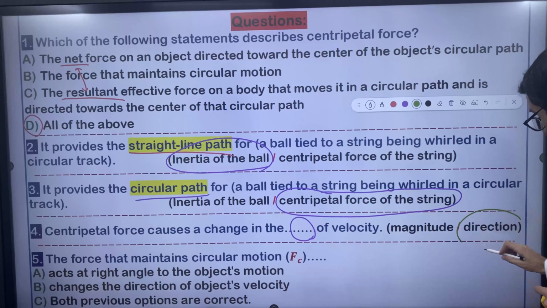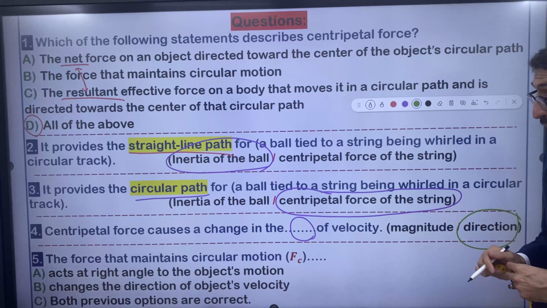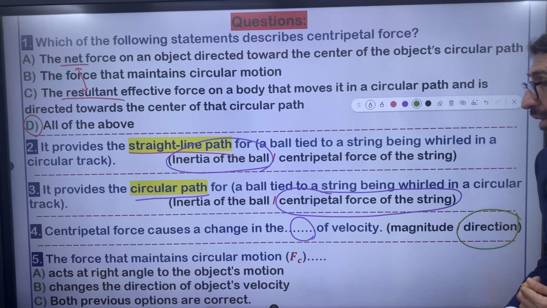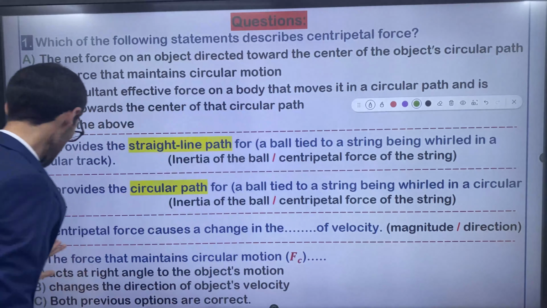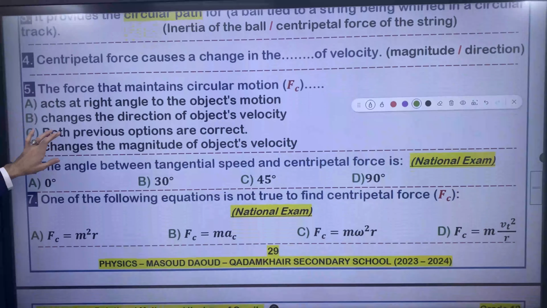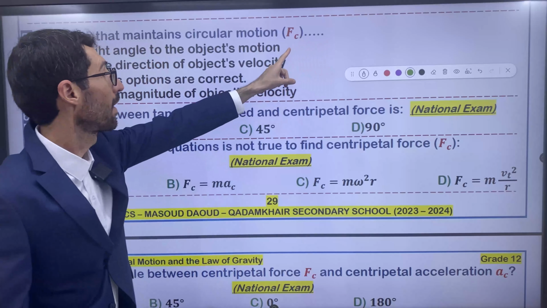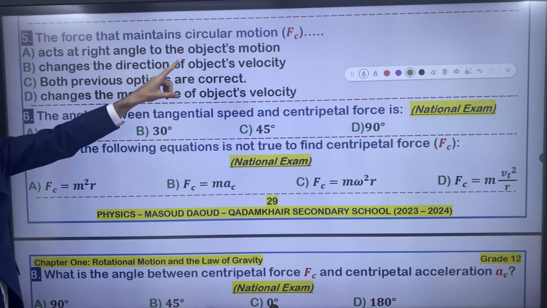So direction of velocity is changed by means of centripetal force, not magnitude of velocity. Right? Number 5, let me read number 5 for you. Question number 5. The force that maintains circular motion, Fc, right, acts at right angle to the object's motion.